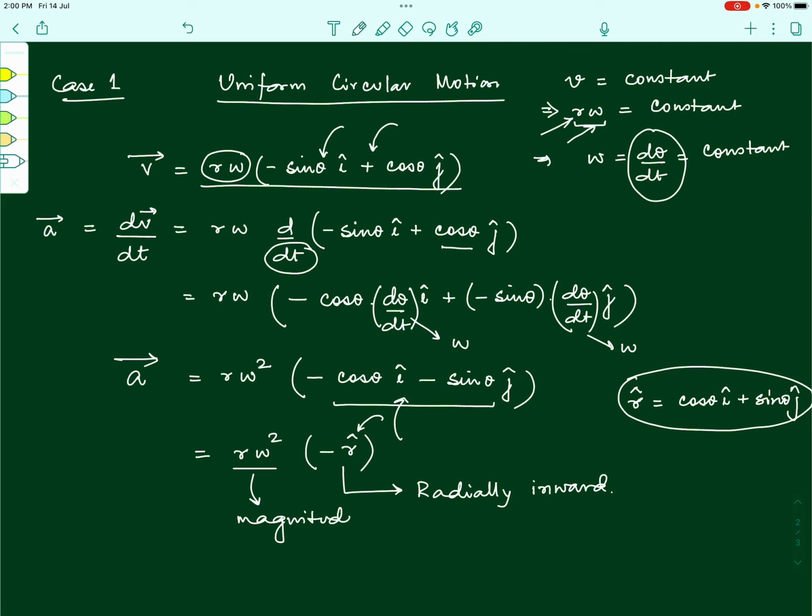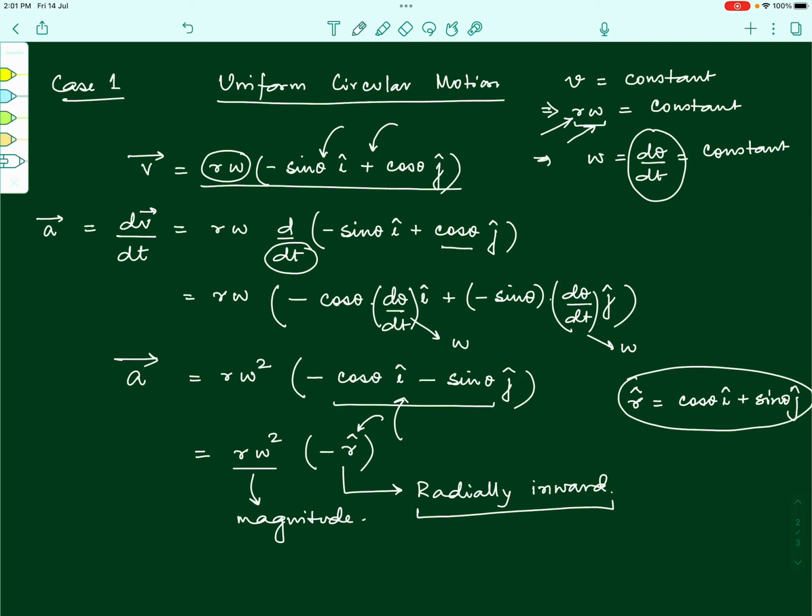So this acceleration that acts on a particle which moves in a circular path with a constant speed, that means the particle moves in a uniform circular motion, is called centripetal acceleration because of the nature that it has, pointing in the radially inward direction.